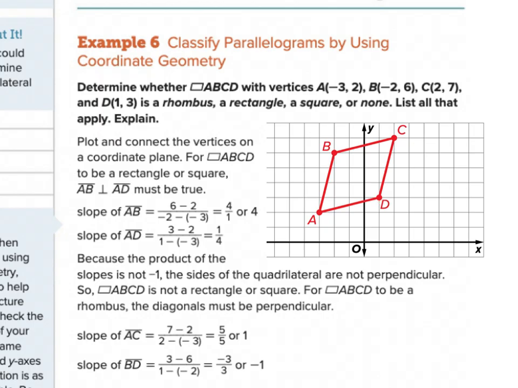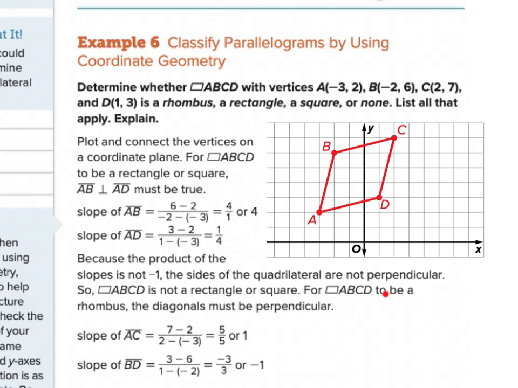So if you calculate the slopes, remember the slopes of perpendicular lines multiply to a product of -1. Here, the slope of AB was 4 and the slope of AD was 1/4, which when we multiply, 4 times 1/4, is 1. The product is not -1, so therefore it is not perpendicular. If it's not perpendicular, it cannot be a rectangle or a square.